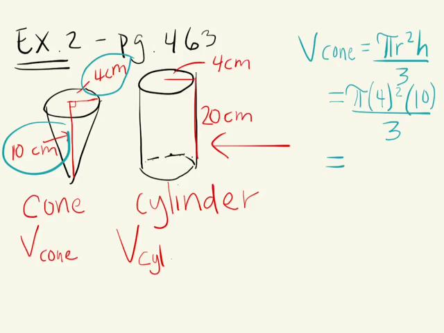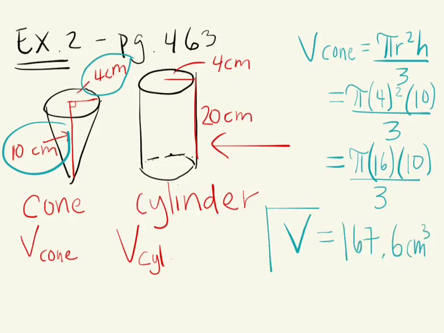Using BEDMAS, which part of the equation are you going to solve first? The exponents. So 4 squared is what you want to do first. So we have pi times 4 times 4, 16 times 10 divided by 3, and simplify. When we calculate it, we find the volume of the cone is 167.6 centimeters cubed.